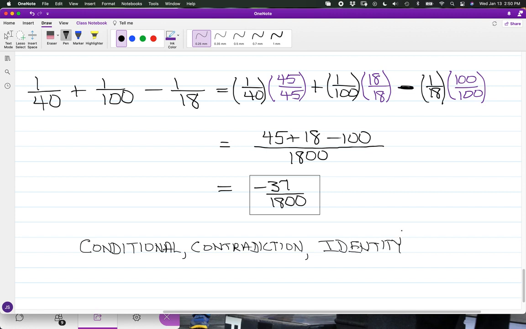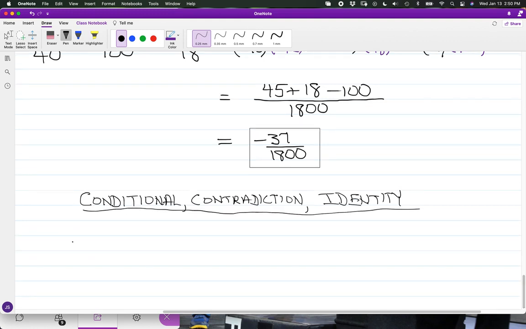Okay, and so for what we have here. Now for a conditional, for our purposes here, a conditional is going to be an equation with a limited number of solutions.